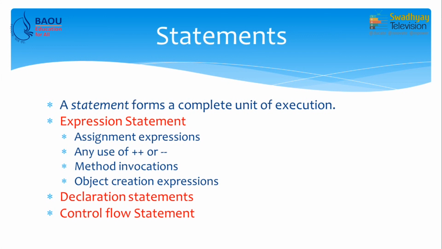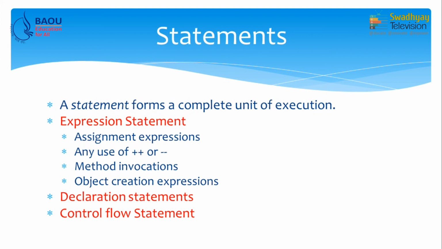Now, what is a statement? A statement forms a complete unit of execution. We can classify statements into different types. For example, expression statements, which might be an assignment expression or any use of the increment or decrement operator, method invocation such as Math.sqrt, and object creation expressions that we will discuss later on.